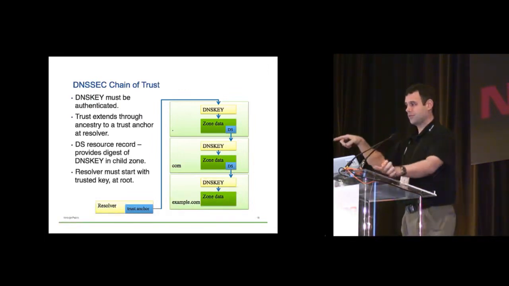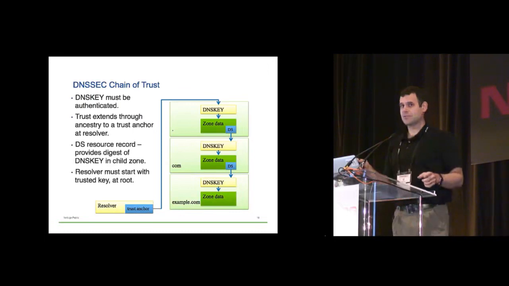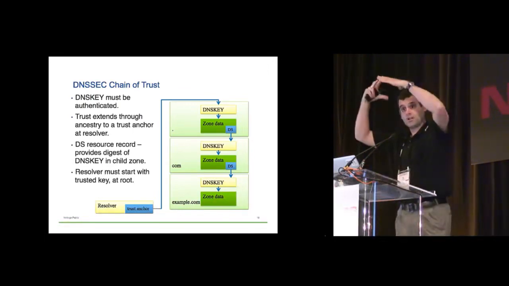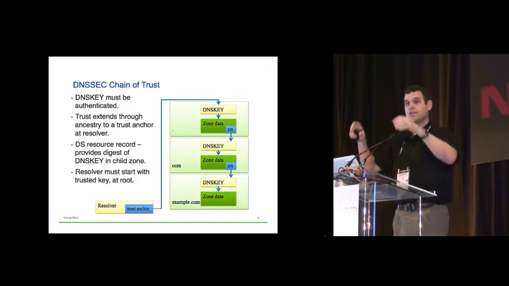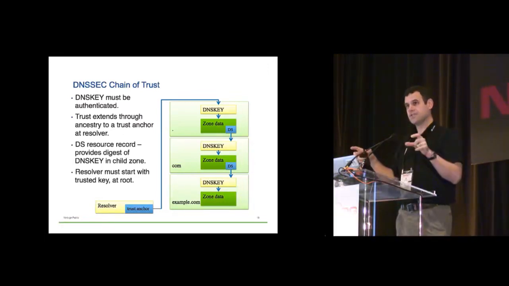If you look over here, that DS, you see the arrow pointing down to the DNSKEY. That is a hash, essentially, of the DNSKEY. And then the same thing happens in .com and so forth. And in the end, how many roots are there? There's one root, because it all goes up to the top. So you only need, in your recursive resolver, one key to store to be able to look at the entire DNS and authenticate everything below if you have that chain of trust.